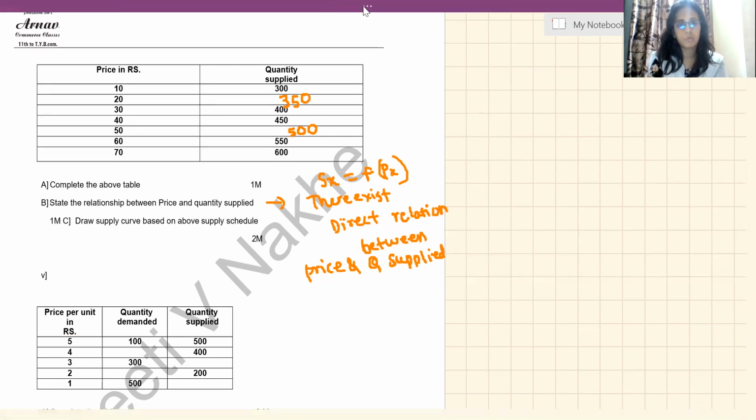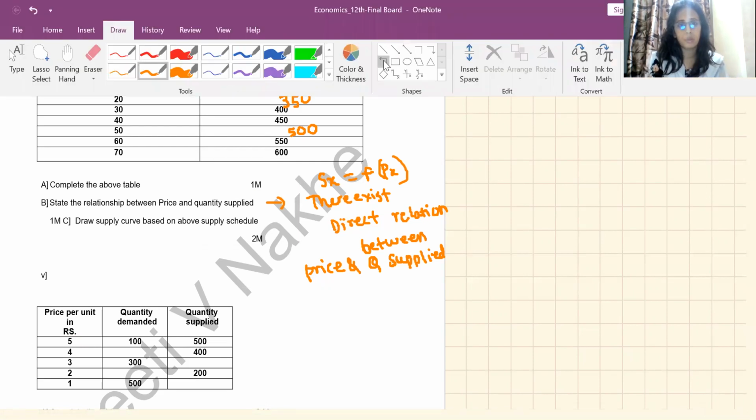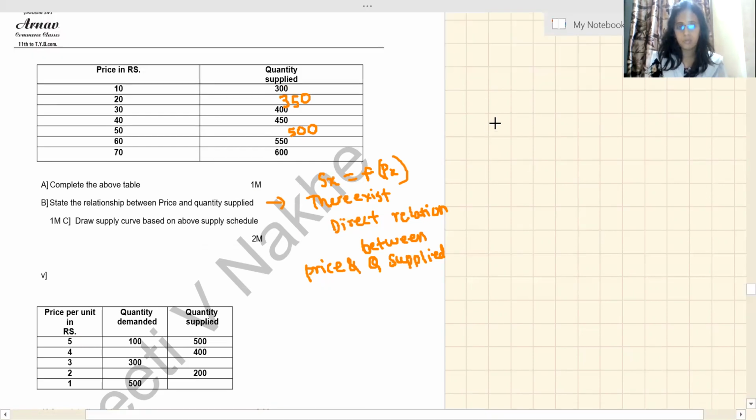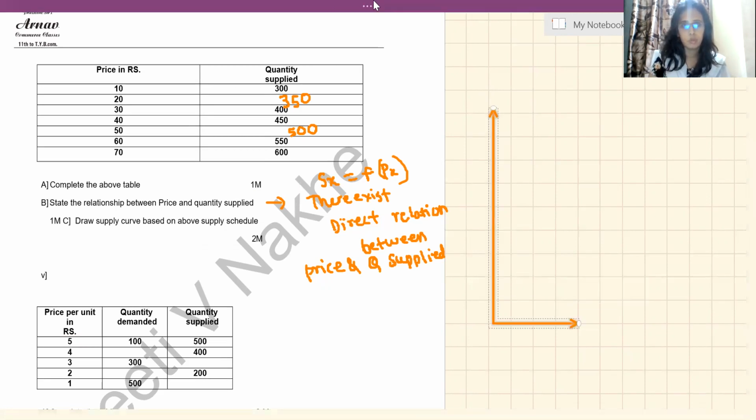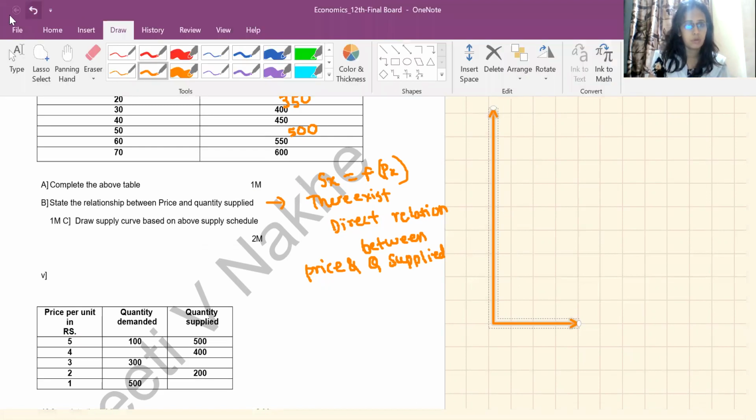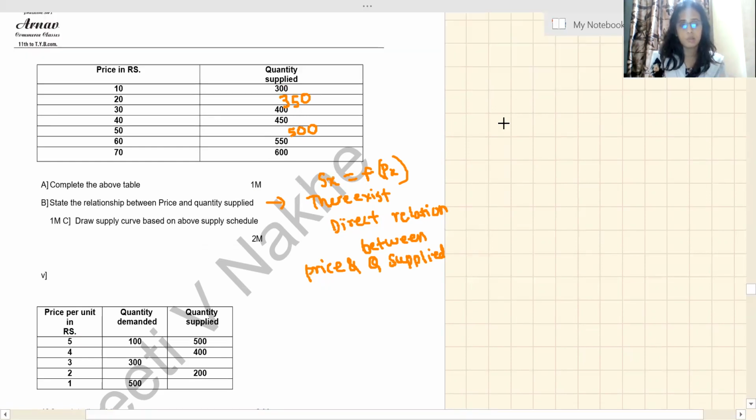See, the diagram should look upward sloping. What I will do, I will draw, just a second. Don't wait for me. At least draw the x-axis, y-axis. This is sufficient.